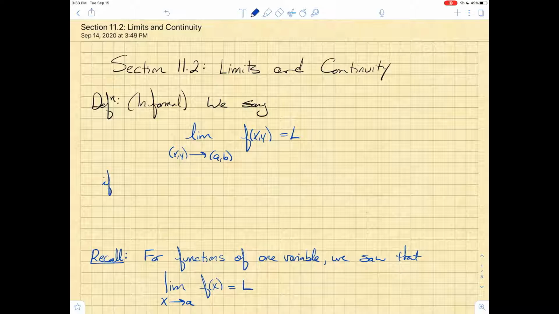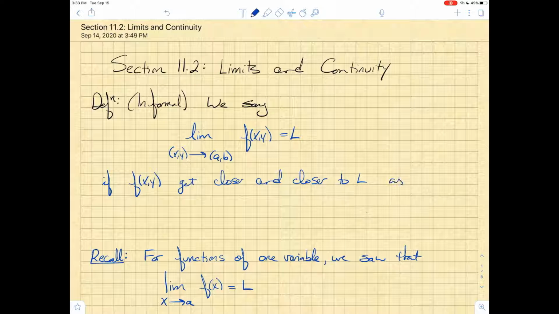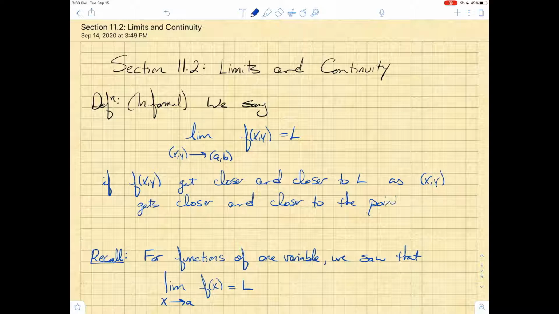We say that's the case if the function f(x,y), our z values, get closer and closer to the z value L as (x,y) gets closer and closer to the point (a,b).